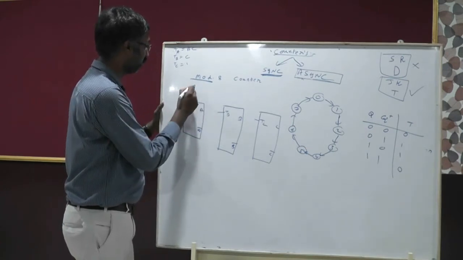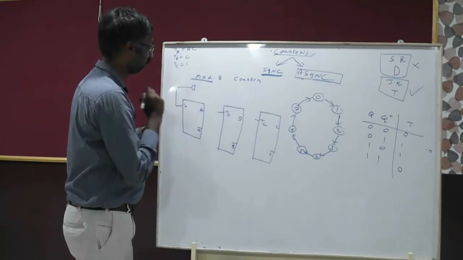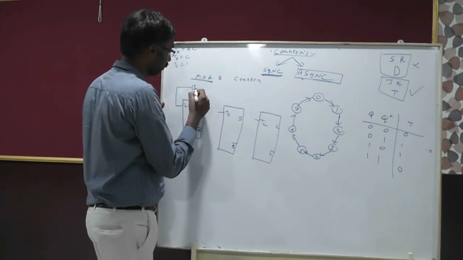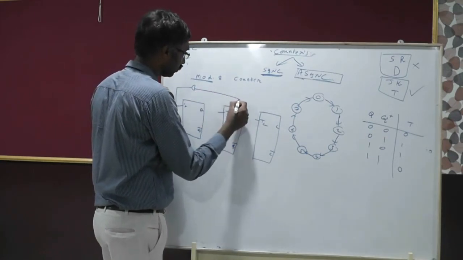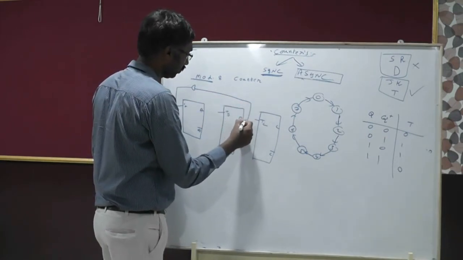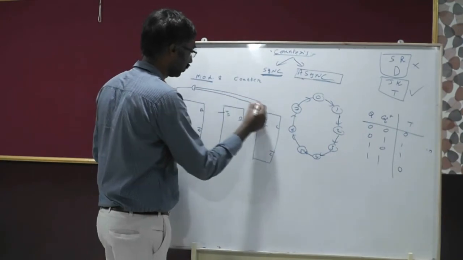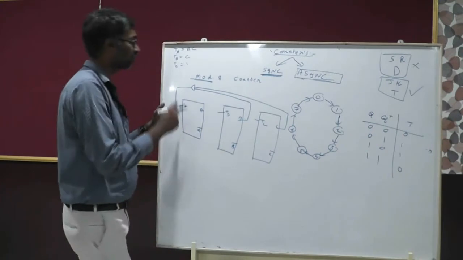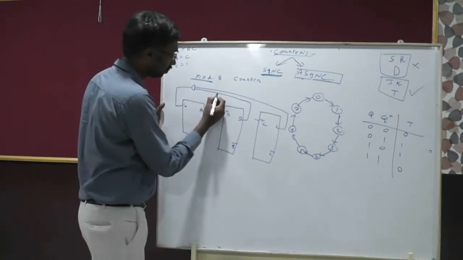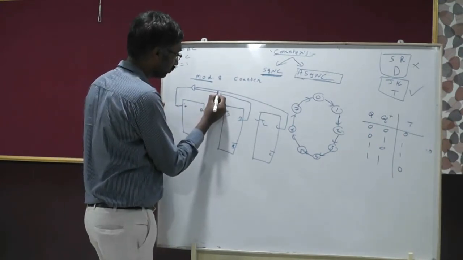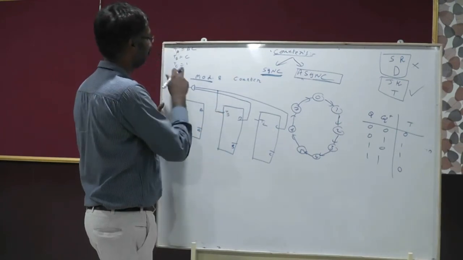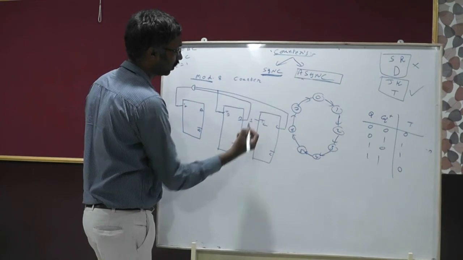That AND gate output will be connected to TA. What are the two inputs? B and C. TB value is C. Next one, TC value is equal to 1.